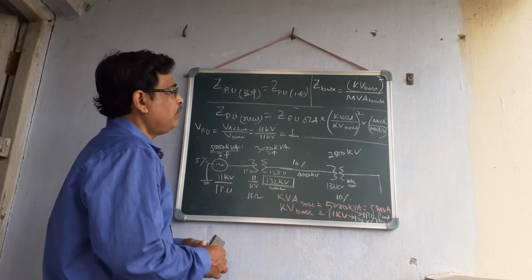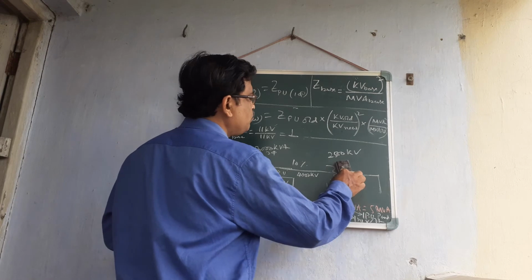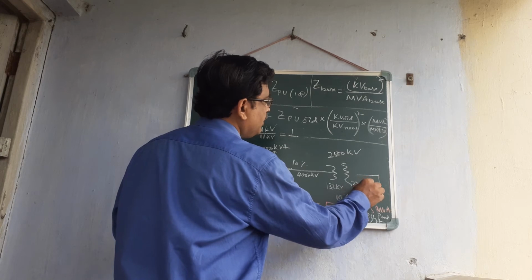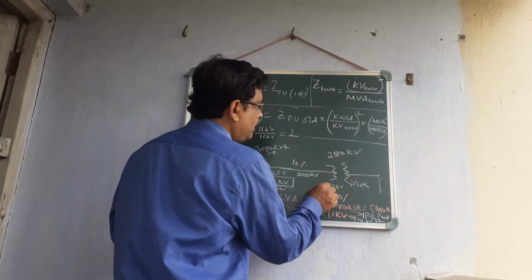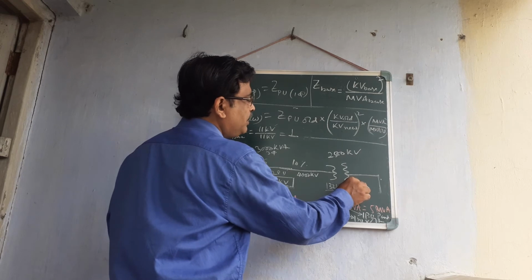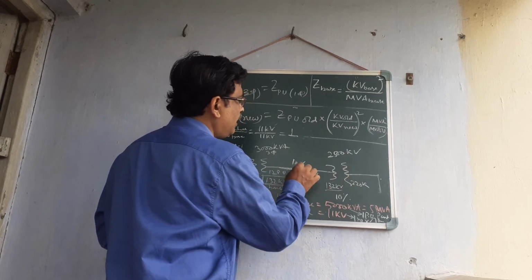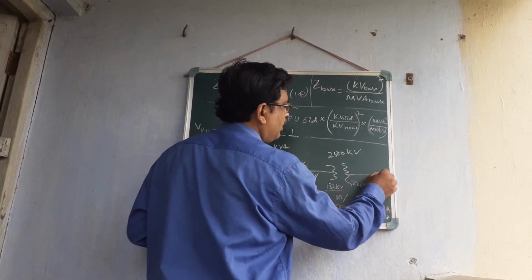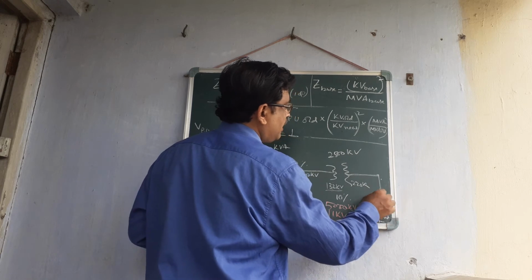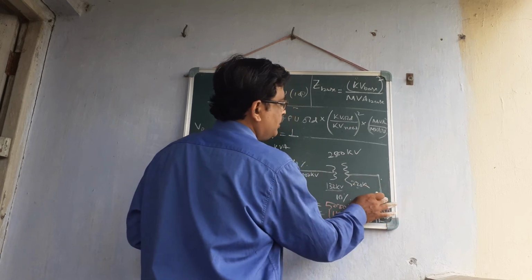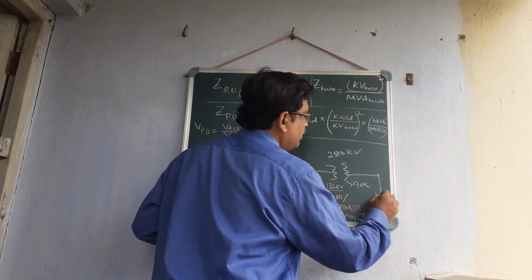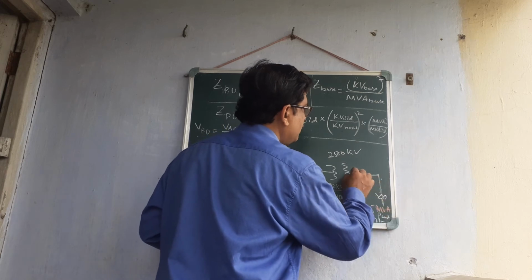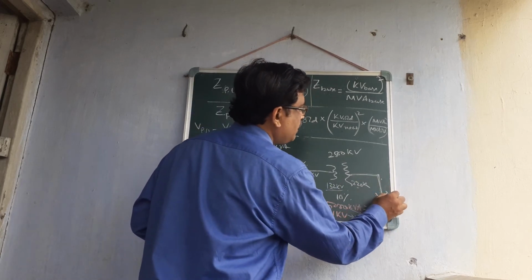Suppose, instead of this, it is 132 to 220 kV. Here it is 132 kV, here it will be 220 kV. So up to this side, the base kV selected is 132 kV, but on this side, for this transmission line, the base kV will be 220 kV, as the ratio is 220 by 132.